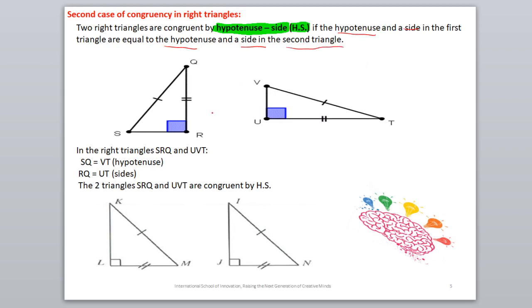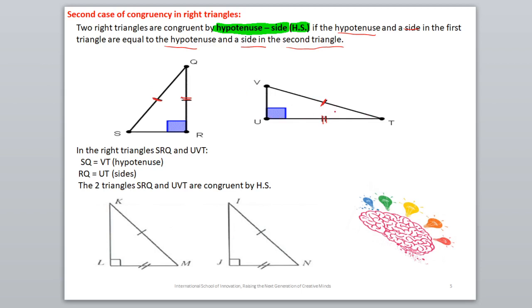We have the hypotenuses equal in each triangle and a different side equal to a side in the second triangle.